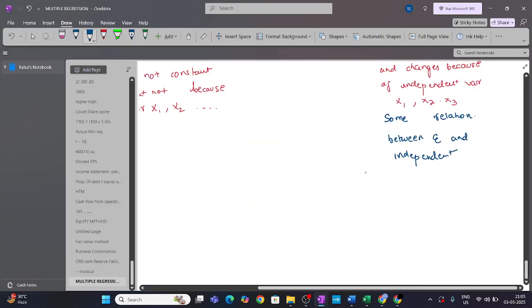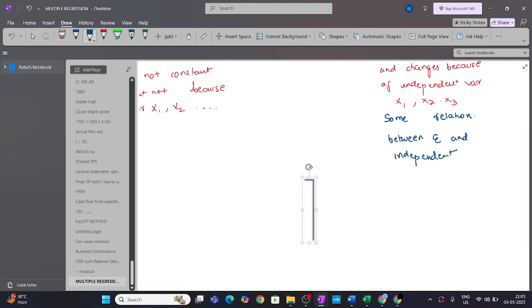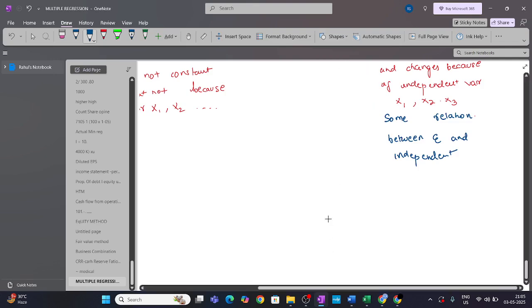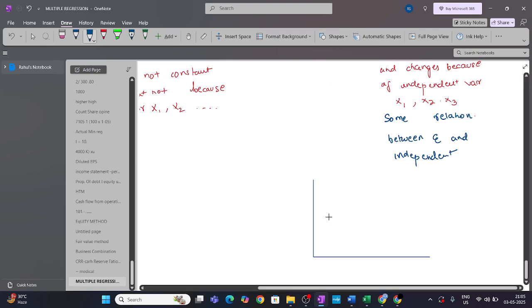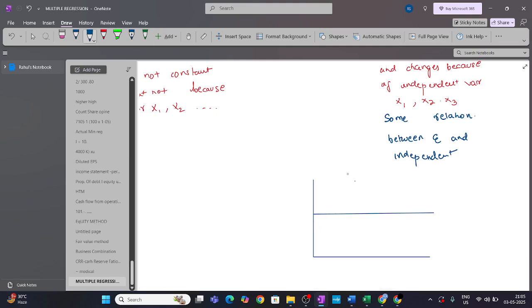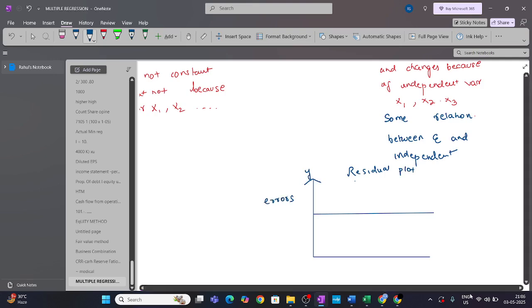So, conditional heteroscedasticity is going to look something like this. Again, this is my residual plot. On the y-axis, I have errors, and on the x-axis, I have the independent variable.